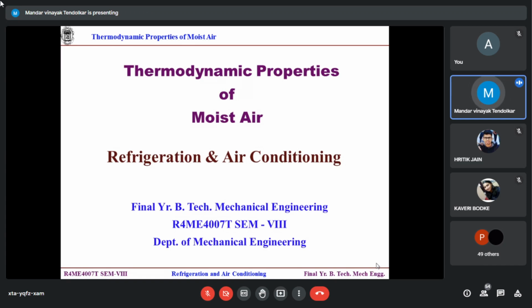So the heart of any air conditioning unit is the refrigeration circuit, VCC. And in the evaporator of that air conditioning unit, the air gets passed over it, and then the cool air, cold air, comes out.